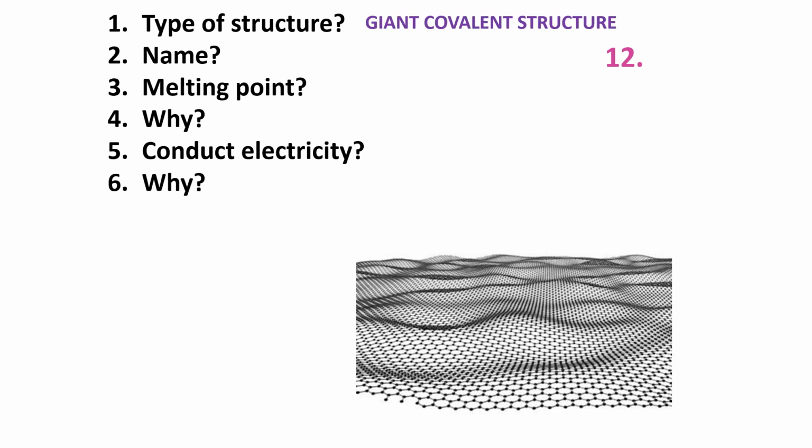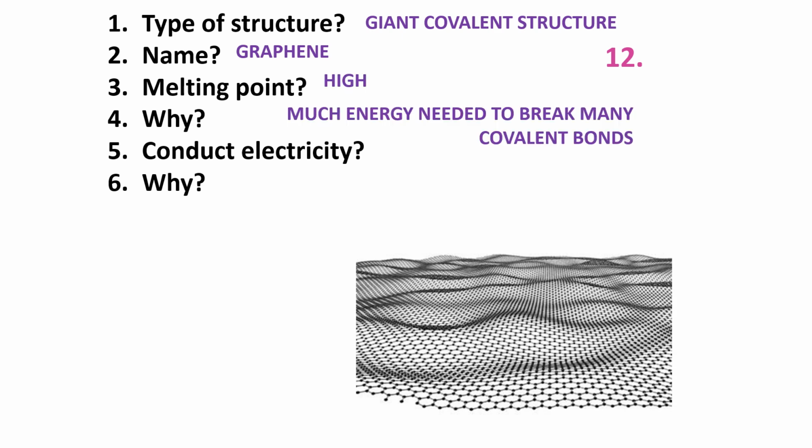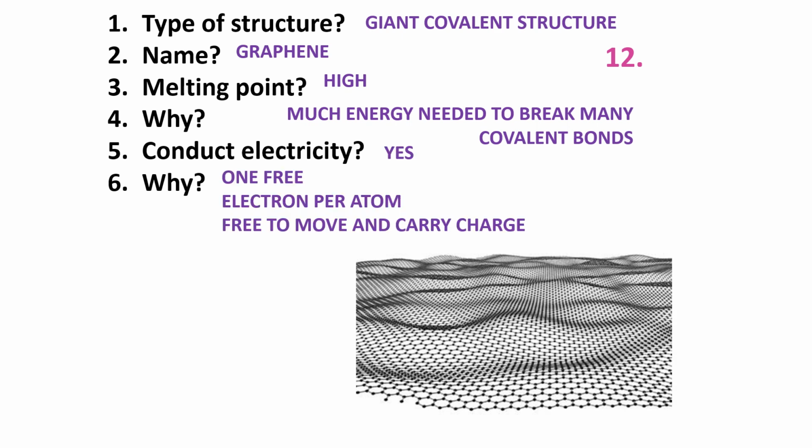It's not graphite anymore though, it's graphene. Still got a high melting point, still much energy needed to break the many covalent bonds. Does it conduct electricity? Yes. Why? Because there's 1 free electron per atom free to move and carry charge.